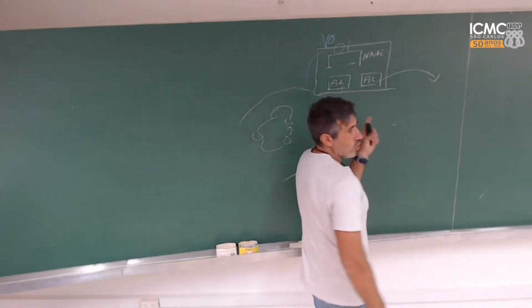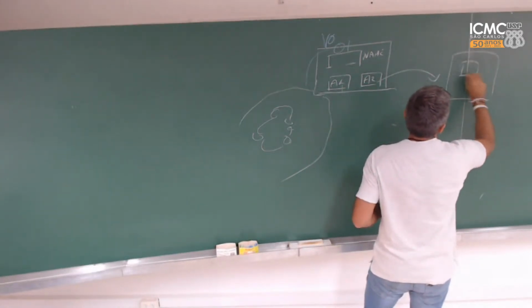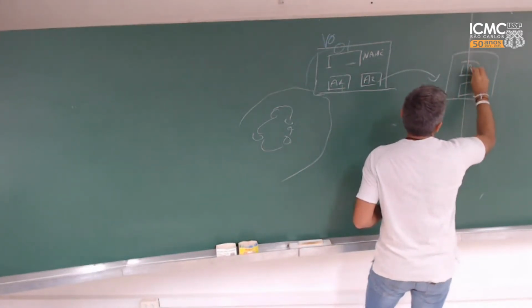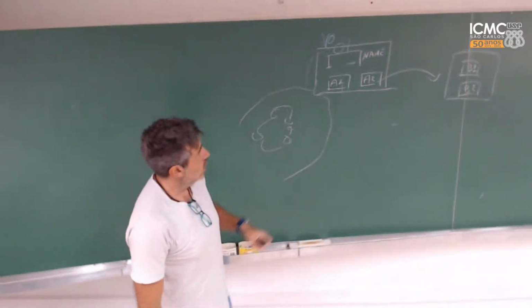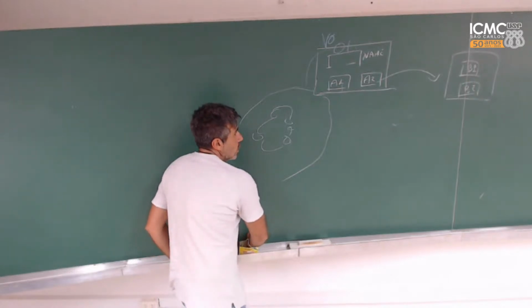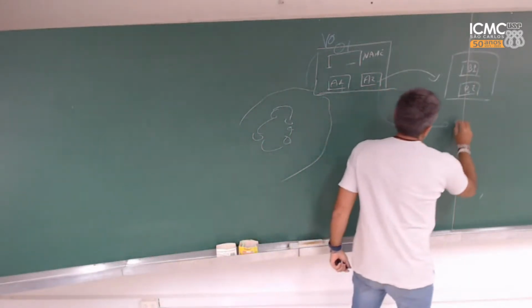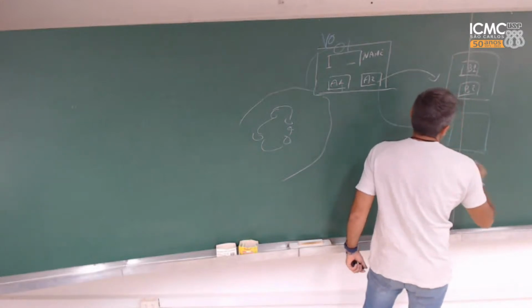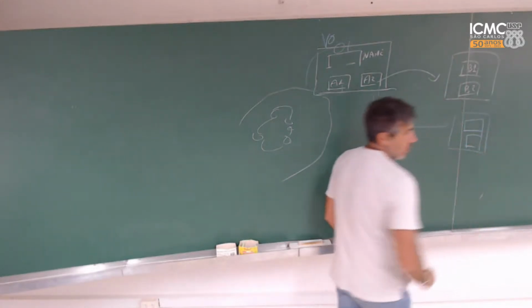I click on A2, and after A2, I have two buttons, B1 and B2, okay? Imagine that in version 2, the behavior changes, and when I click on A2, I have another behavior, okay?